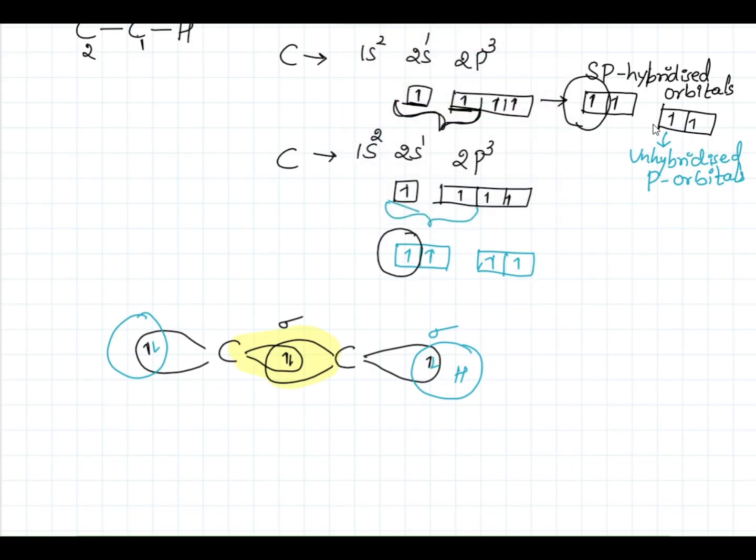There are also two unhybridized p orbitals on each carbon, each having one electron.